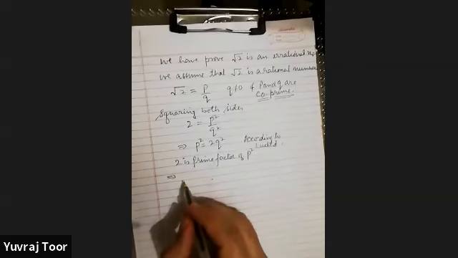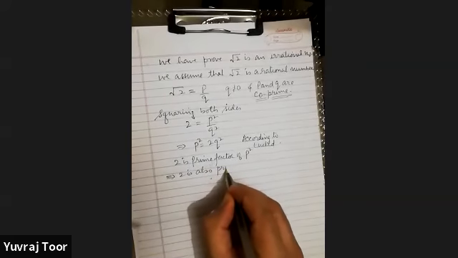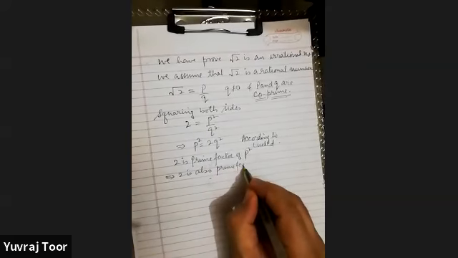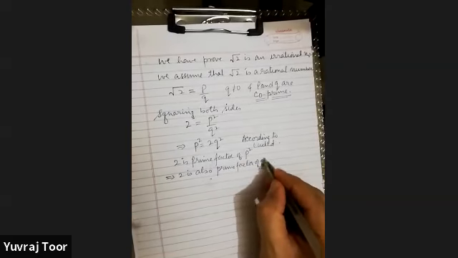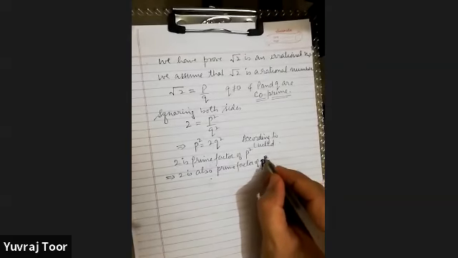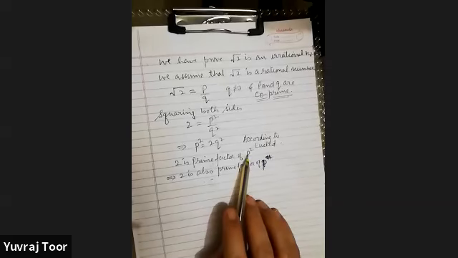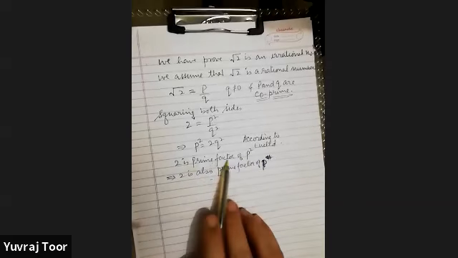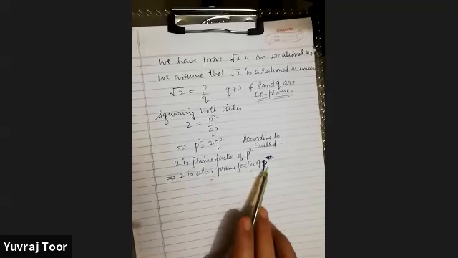This also implies that 2 is a prime factor of p. I wrote it wrong earlier. 2 is a prime factor of p square, so 2 is also a prime factor of p.